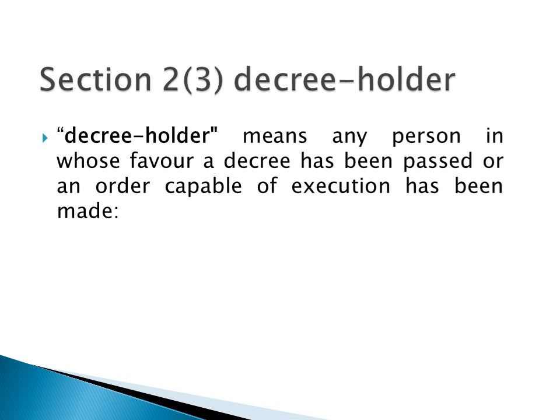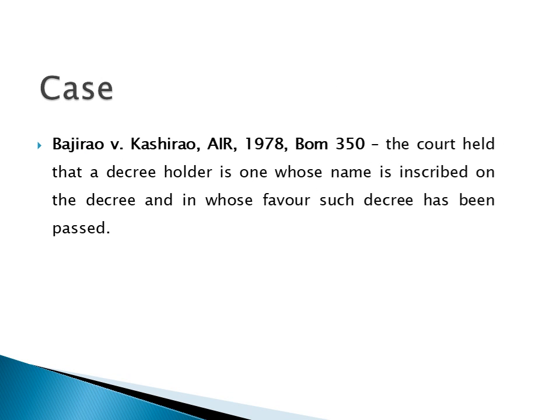Accordingly, any decree passed in favor of a person who is not even a party to the suit shall also be considered as the decree holder under the code. In the case of Bajirao versus Kashirao, the court held that a decree holder is one whose name is inscribed on the decree and in whose favor such decree has been passed.